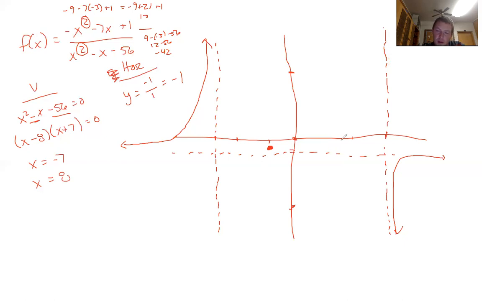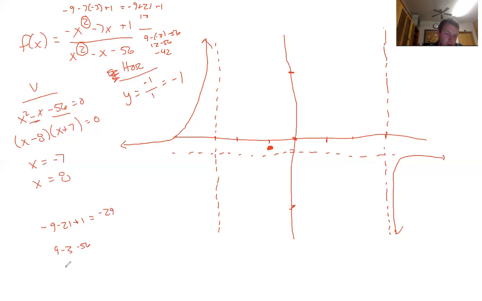And to tell whether it's going up or down, I'm going to plug in 3. If it's down here, then the graph goes like this. If it's up here, then the graph is up here somewhere. Okay, so if I plug in 3, what happens? 3 squared is 9. So that'd be -9 minus 21 plus 1, which would be -30 plus 1, -29. And then 3 squared would be 9 minus 3 minus 56.